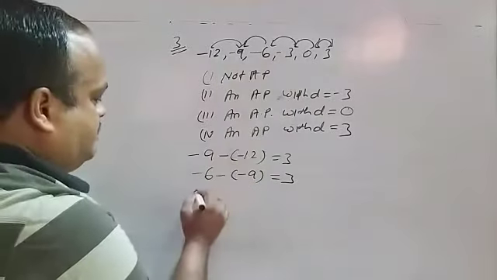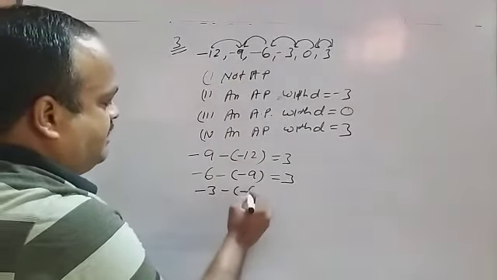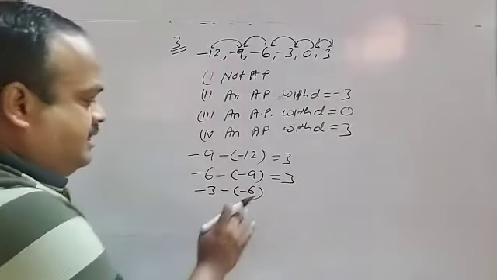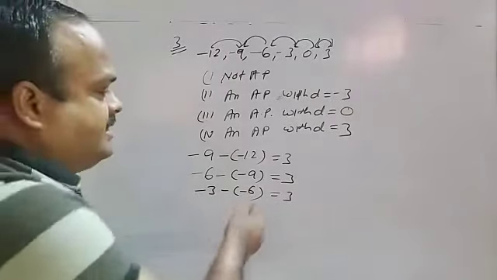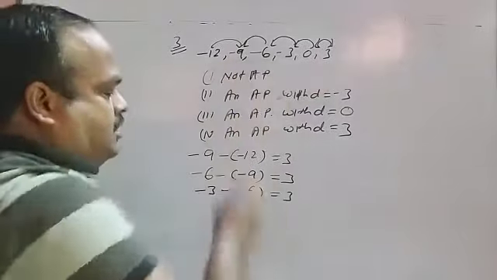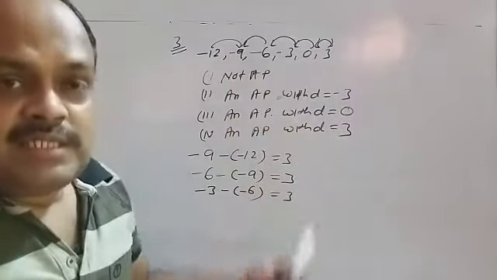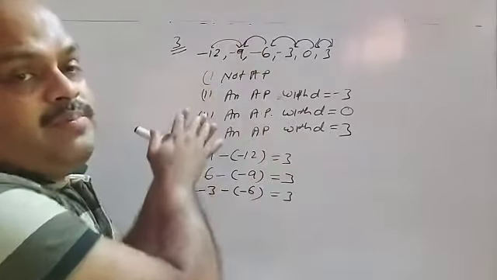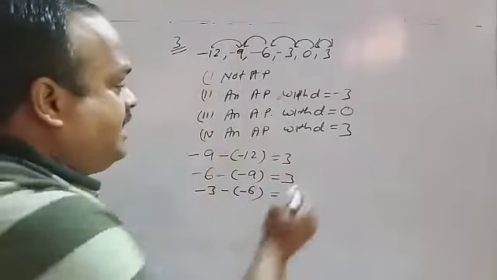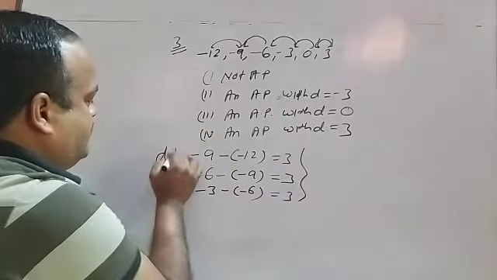Next one, minus 3 minus 6, 6 minus 3, 3. So here we see that the difference between two consecutive terms is constant and it is 3. Therefore, there is no doubt that it is an AP, and here the difference is 3.